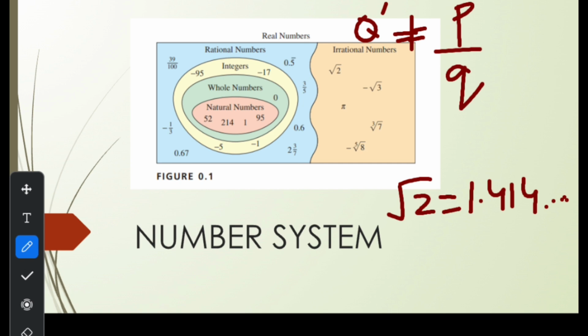So you don't have any integer form of this irrational number. That's why irrational numbers can't be expressed as p over q.